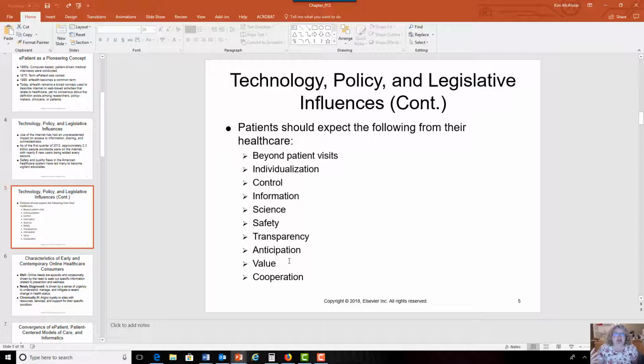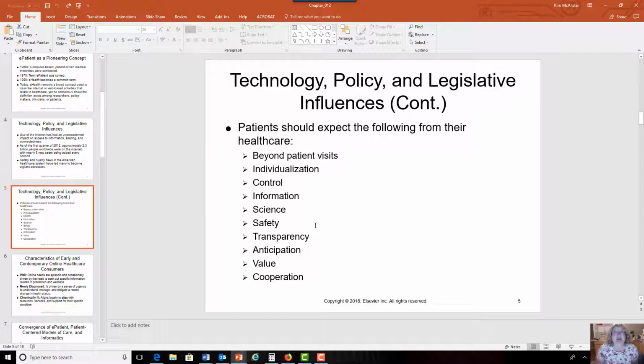We have to have the patient as an active part of the healthcare team, and they have to be involved in deciding how their healthcare is going to go so that their healthcare maximizes their issues and makes their life livable for them. They need to have a certain amount of control over their health care, which is something that patients still really don't have.